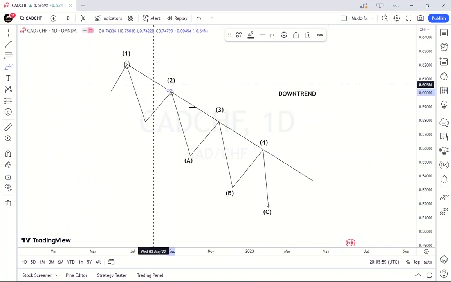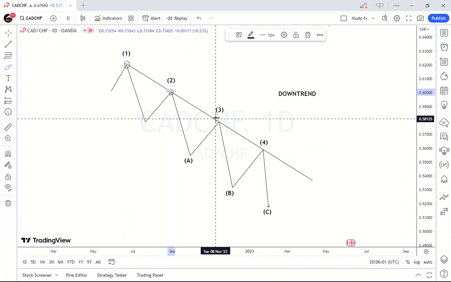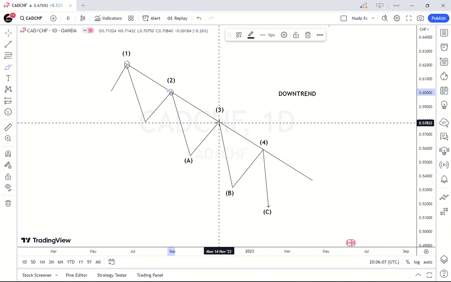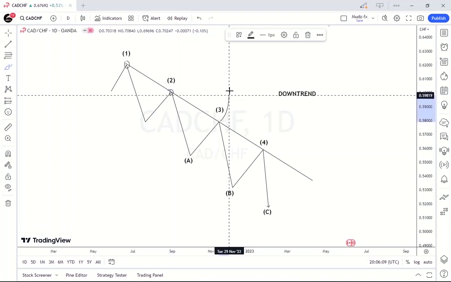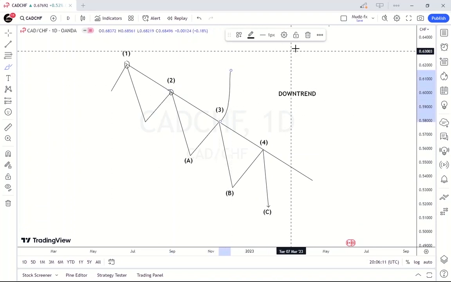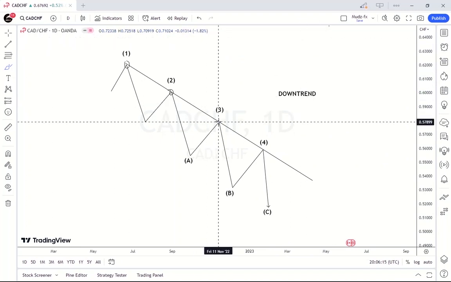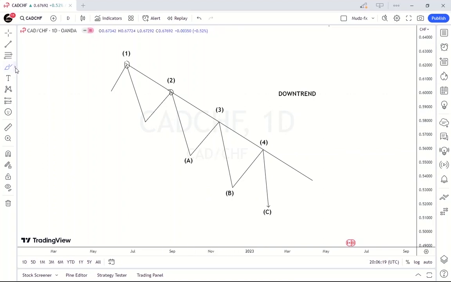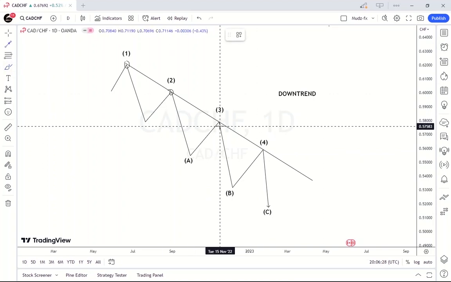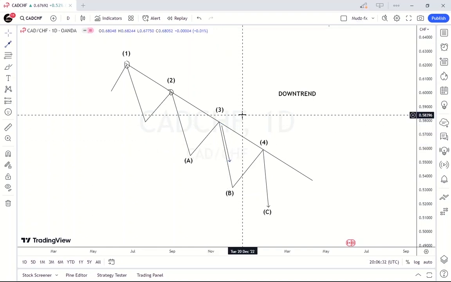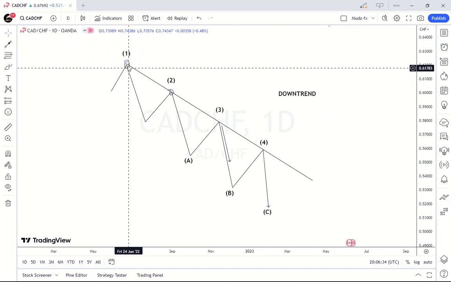So for us to know that it's valid, we have to look at it from number 3, because we can see that it didn't break number 3, moving to a different direction, right? From number 3 it started going down, just following the trend.